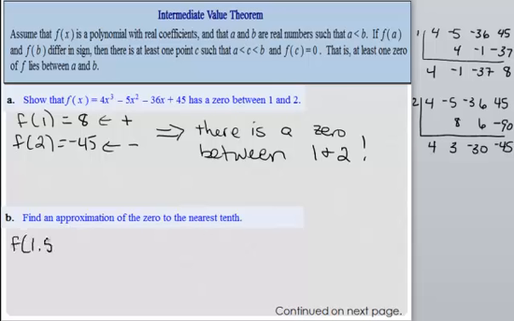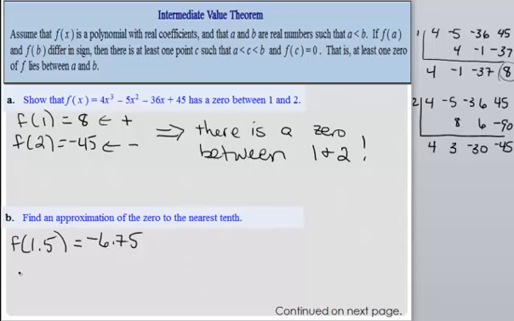So f of 1.5 is equal to negative 6.75. This came out to be negative, so it's not between 1.5 and 2 because both of those are negative. That means it must be between 1, because that came out to be positive, and 1.5, because that came out to be negative.